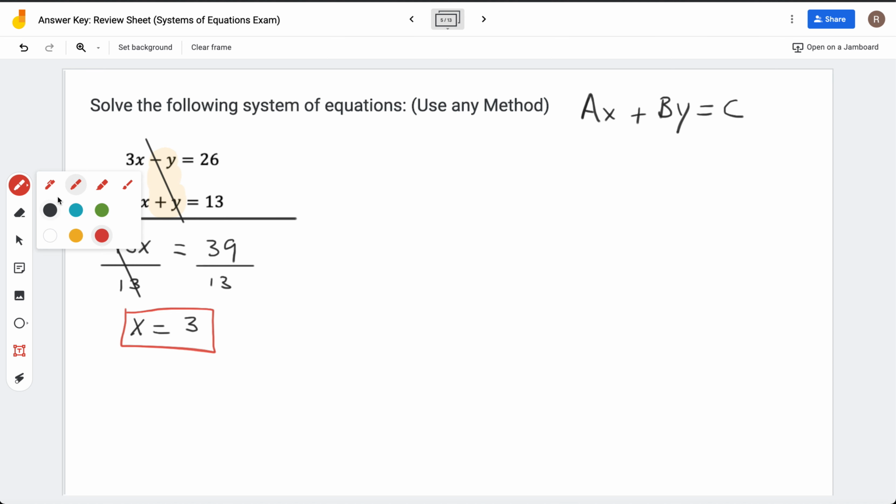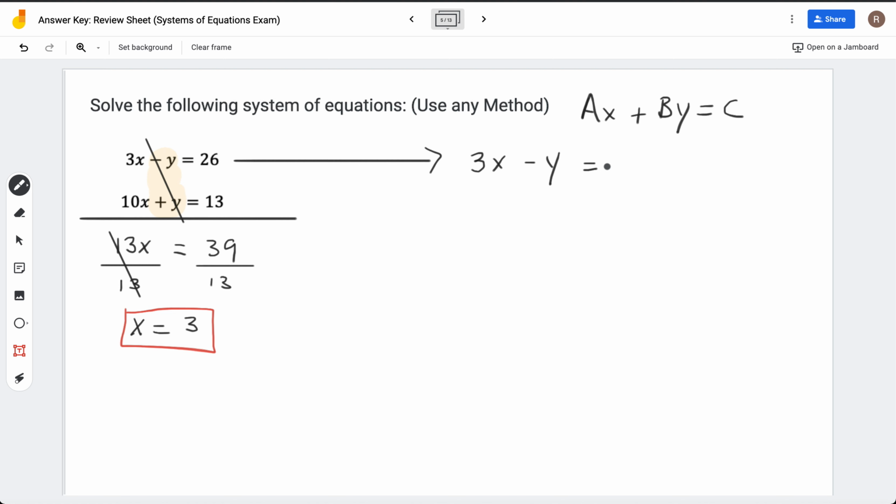So now we're going to take one of the original equations. Let's use the first equation. We're going to plug into the equation what we just found. So first, let's rewrite the equation. We have 3x minus y is equal to 26.